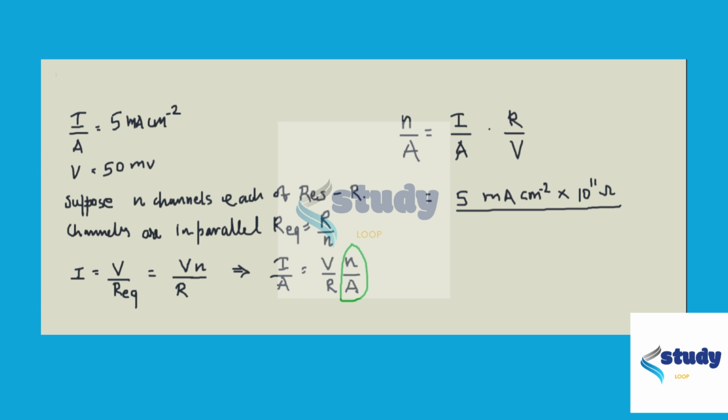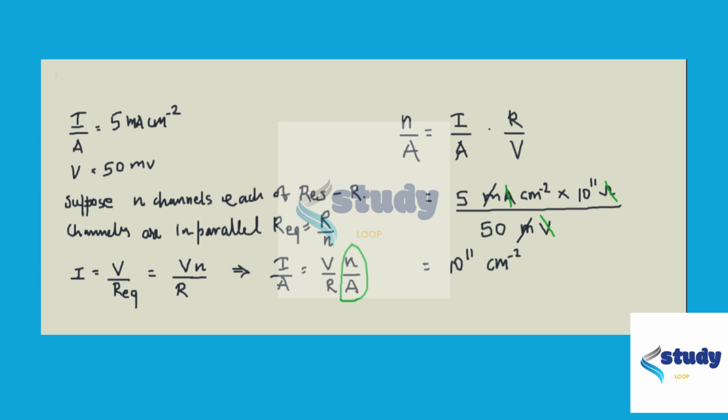Now what is V? 50 millivolts. Now milli cancels out, and ampere ohm cancels out with V, right, voltage. So what we are left with is 10 to the power 11 per cm squared, right?